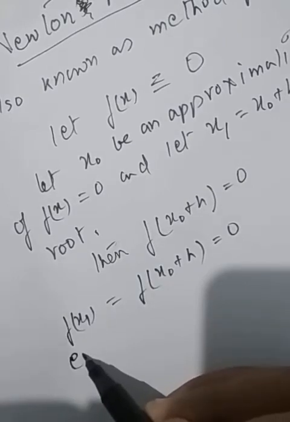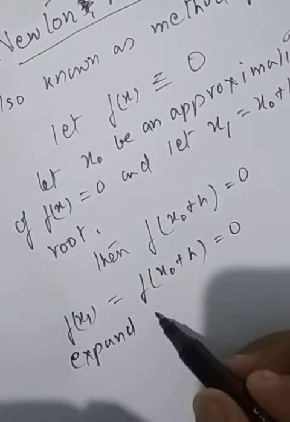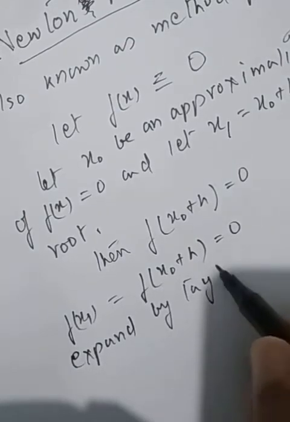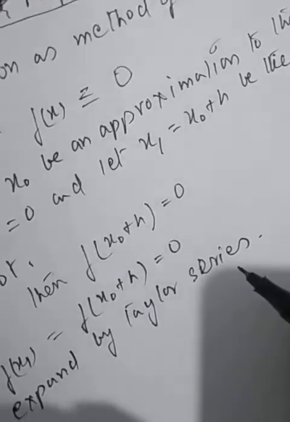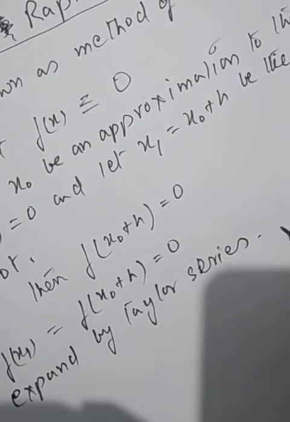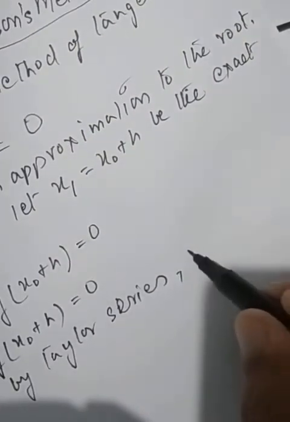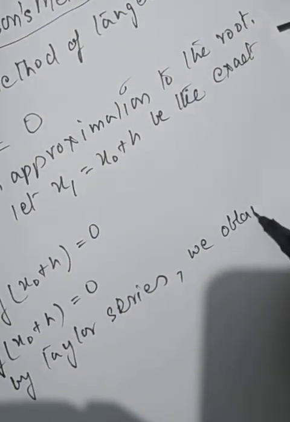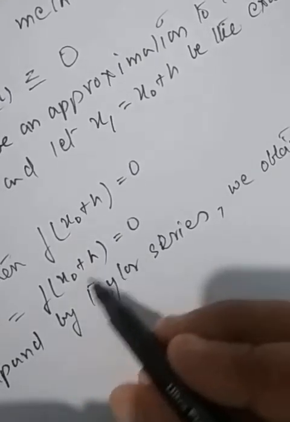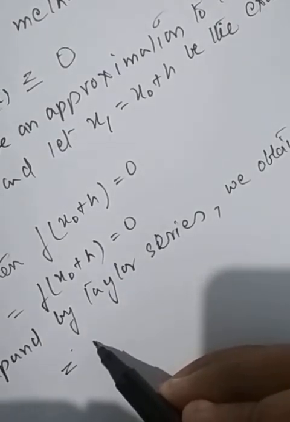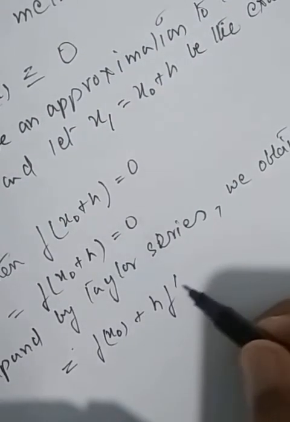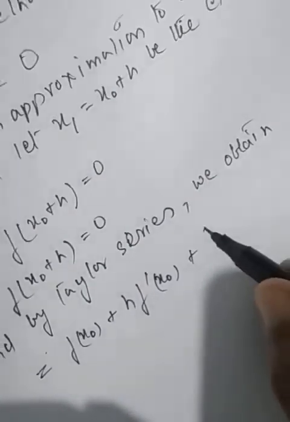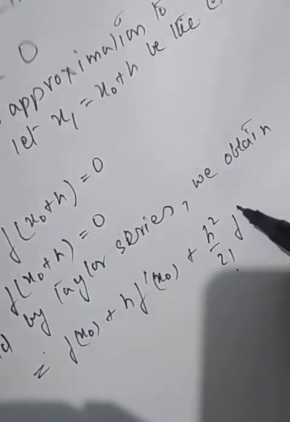Expand by Taylor series, we obtain f(x0) + h f'(x0) + h square by factorial 2 f''(x0) and so on.